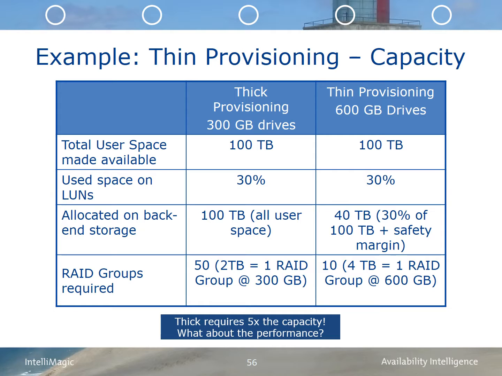The number of RAID groups required to cover 100 terabytes using 300 gig drives is approximately 50, whereas on the thin provision side we only need 10, because the RAID groups are much bigger and we're not using as much space. So the requirement on the thick is obviously 5 times the capacity, but is that performance capability enough?